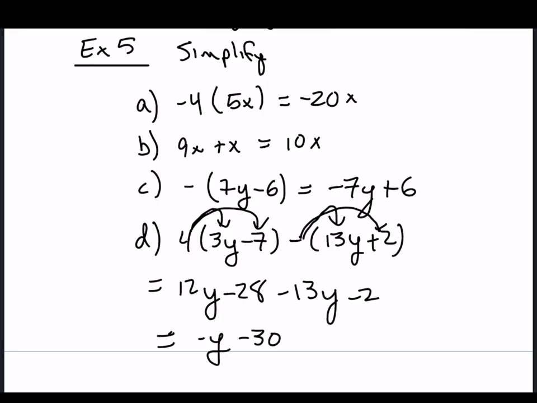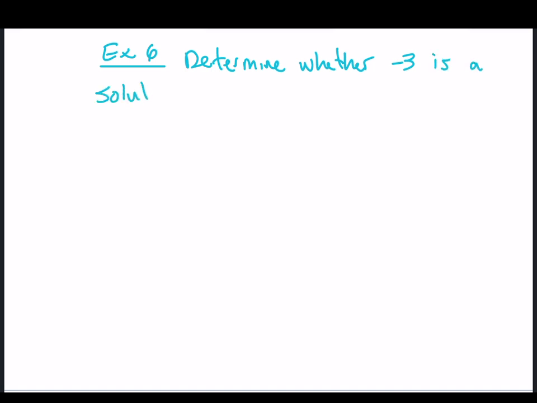Let's try one more example where we determine if a number is a solution to an equation. Example 6. Determine whether negative 3 is a solution of 2x minus 5 equals 8x plus 7.